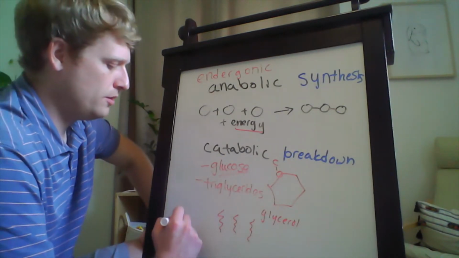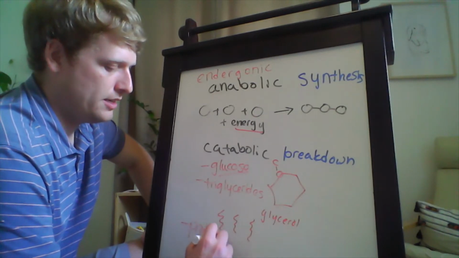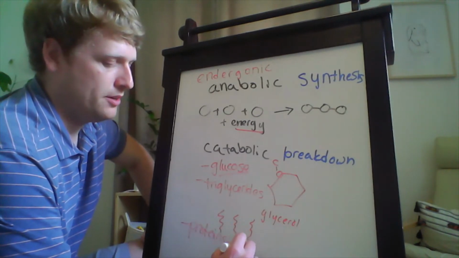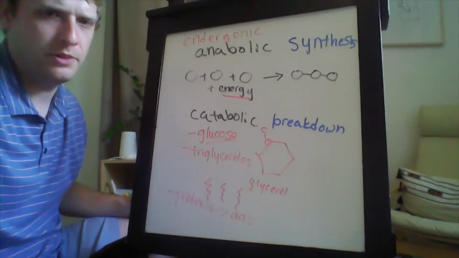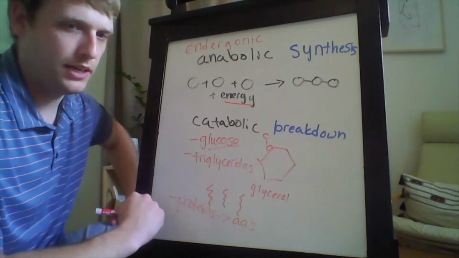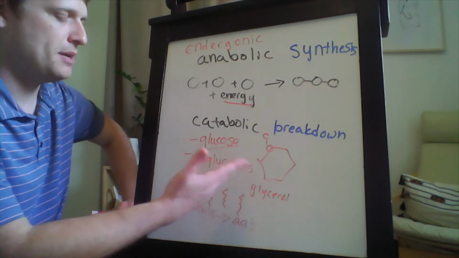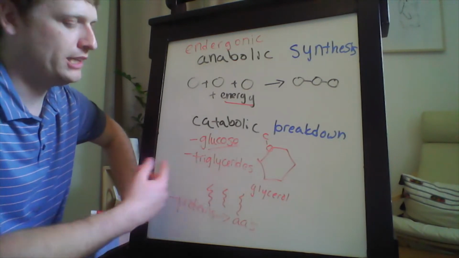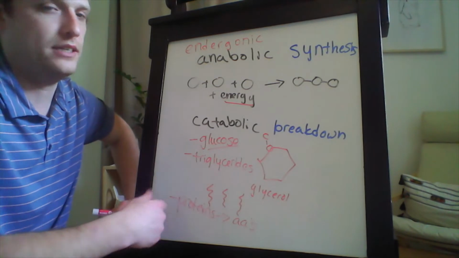And also your proteins that you ingest can of course be broken down into amino acids. So this is just generally going to be what most of the catabolic reactions in your body look like. You have your glucose that's being broken down, triglycerides, proteins, mostly things that you're getting from your diet.